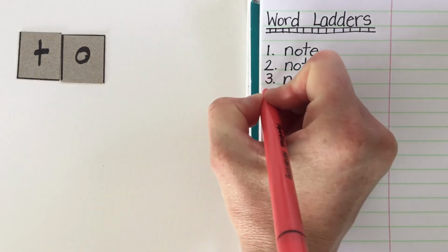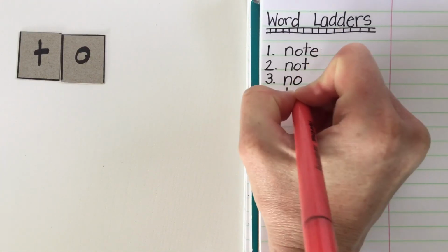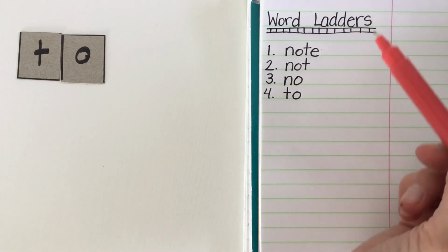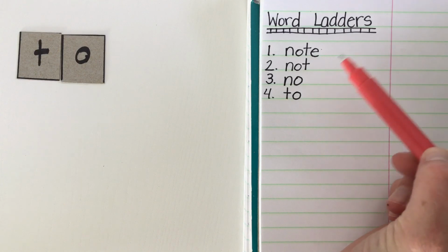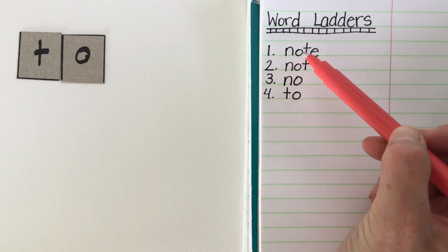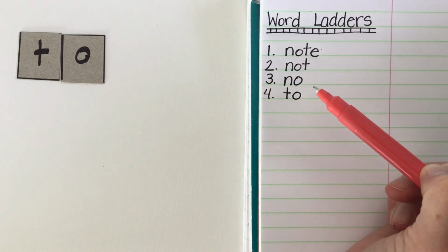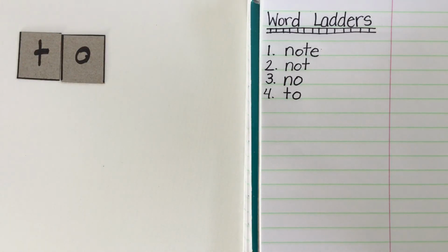T-O. So I'm going to record that. So do you see what happened? There's something that's the same every time. Every time I have N-O, N-O, N-O, and now I have T-O. So things are starting to get a little different.